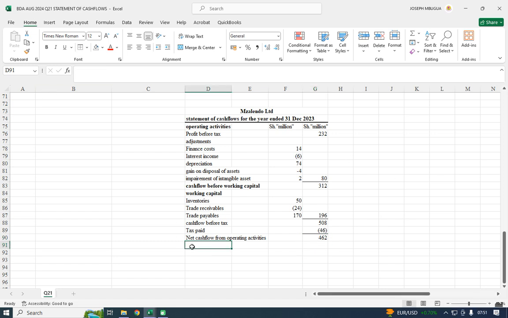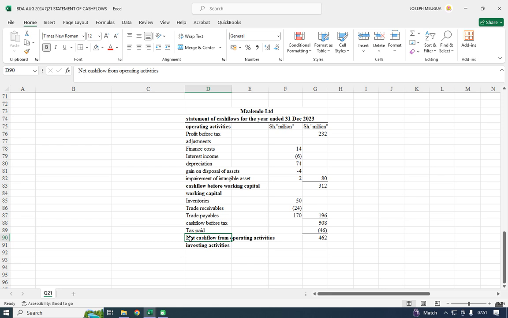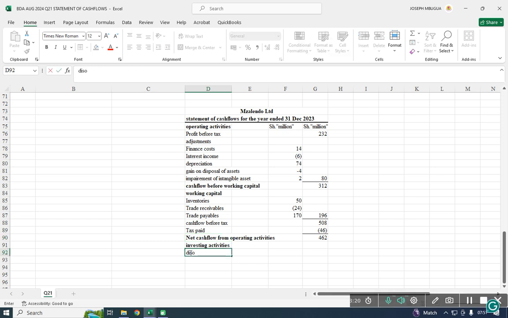And we go to the other one, investing activities. Under the investing activities, we start with the disposal proceeds from asset.